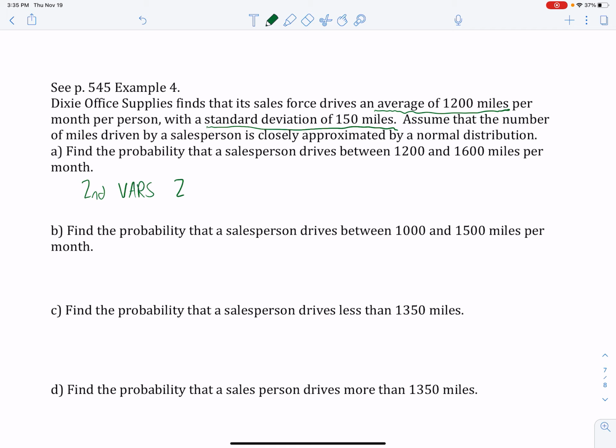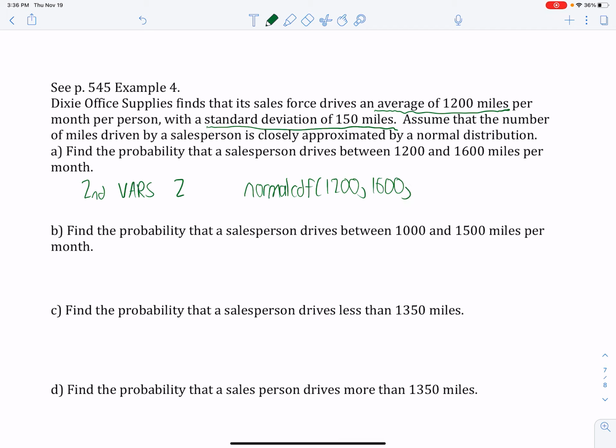Now, some versions of the calculator, it takes you to a screen where you just enter the lower number, the upper number, the mean, and then the standard deviation. Some versions of the calculator, it actually types up this expression. The versions of the calculator are slightly different. But in this case, we would put 1,200 for the lower number, 1,600 for the upper number.